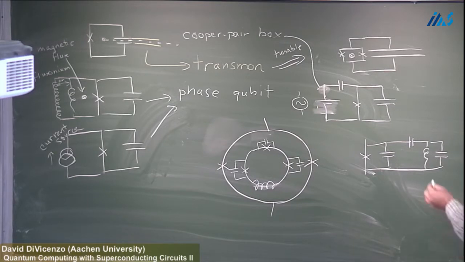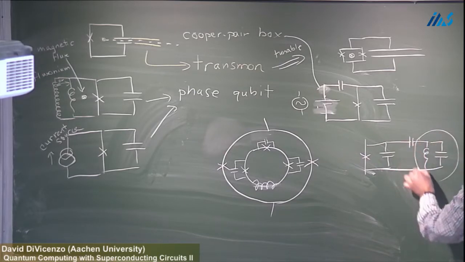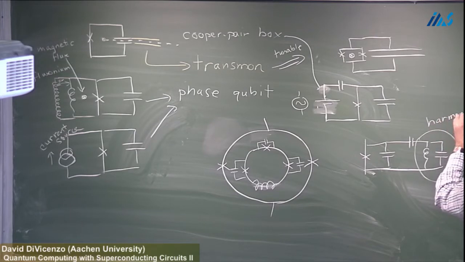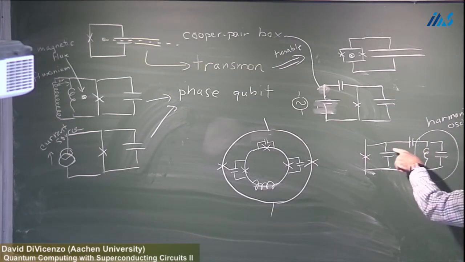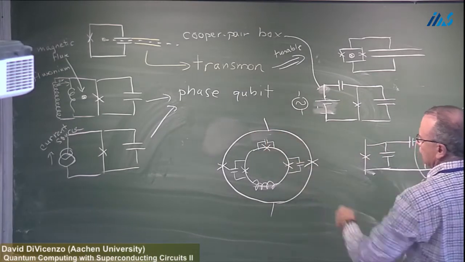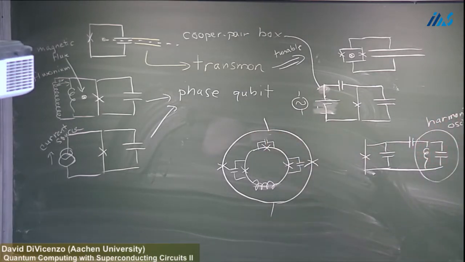This is just a harmonic oscillator, or a single mode cavity, or things like that, and it is coupled. So this is a coupling capacitor, so it's coupled in some weak way to a qubit, maybe a Cooper pair box, but it could actually be coupled to any of these others.